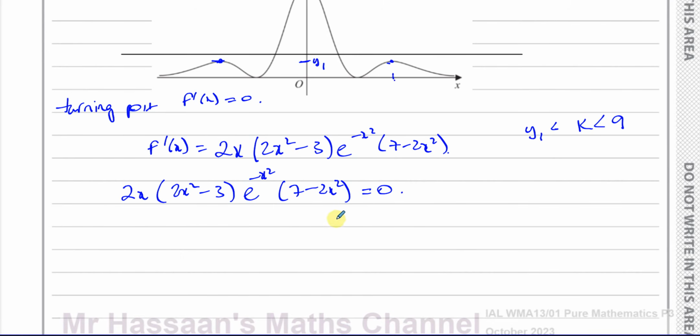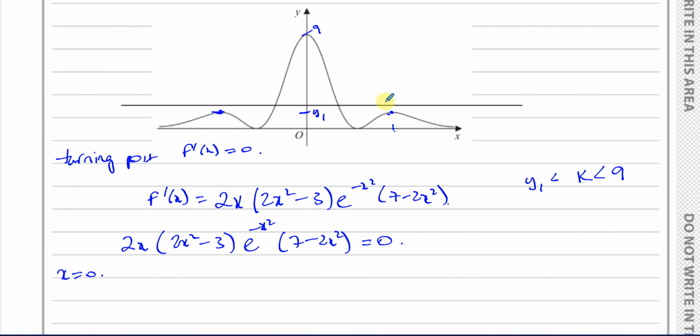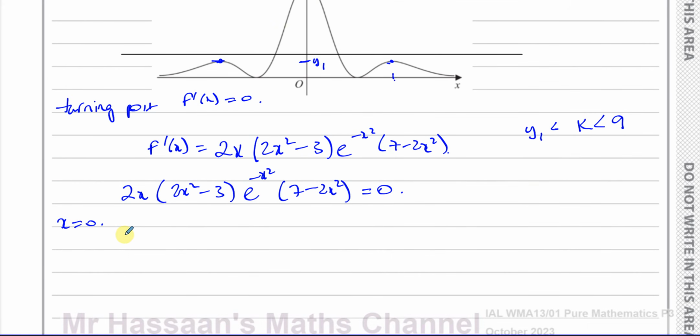Those will give us all the turning points. Now, of course, you have 2x equals 0, x equals 0. That's the turning point. When x equals 0, y equals 9. That's the maximum point there. We can see that. Then we have 2x squared minus 3 equal to 0, in which case 2x squared equals 3.